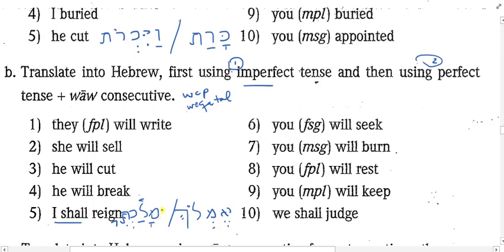Now what's that vav going to look like? Will I put a vav with a regular vocal shva under it? No. It should have a regular vocal shva, because WCPs do not have a special patach under the vav, and there's no doubling dot in the next consonant. I should do a normal vav, but what prevents me from doing the regular vocal shva under the vav here?